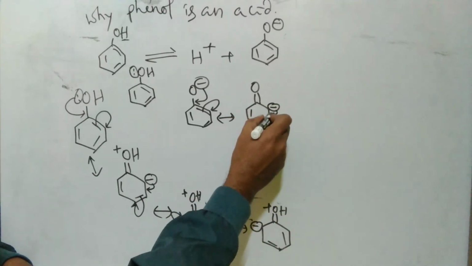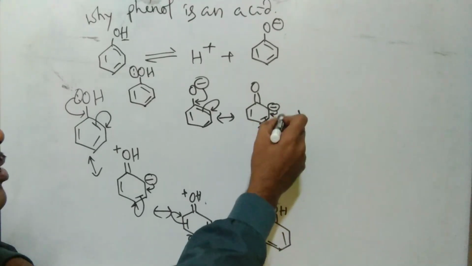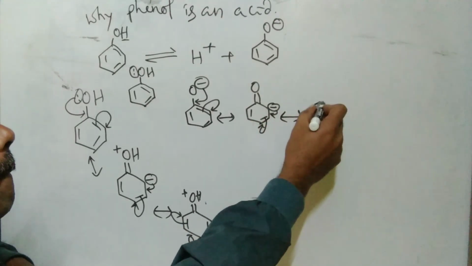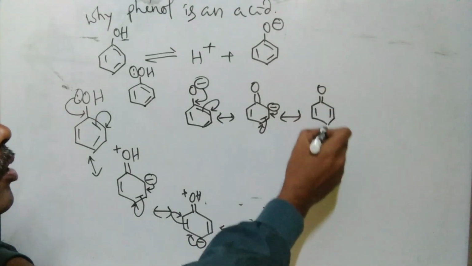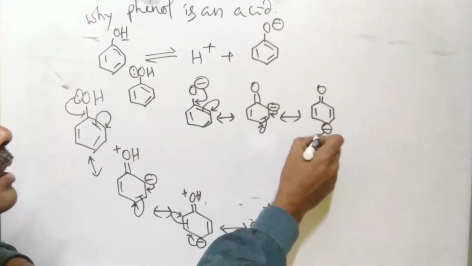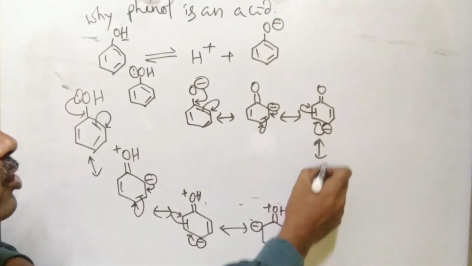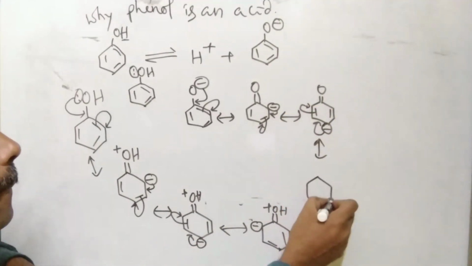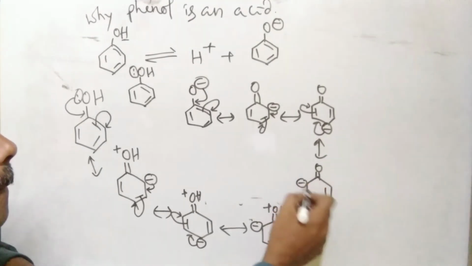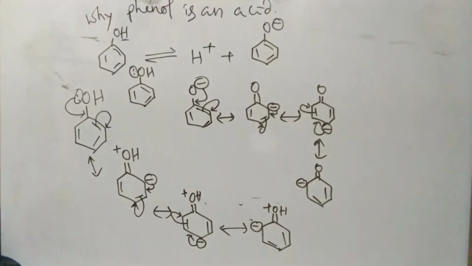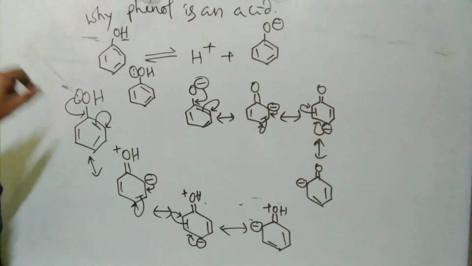Now again double bond, negative charge, another resonating structure, then here a double bond and a negative charge, so another resonating structure. So these are the resonating structures of phenoxide ion, and these are the resonating structures of phenol.